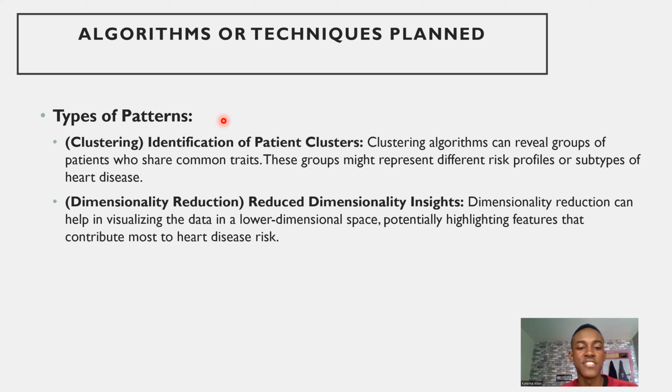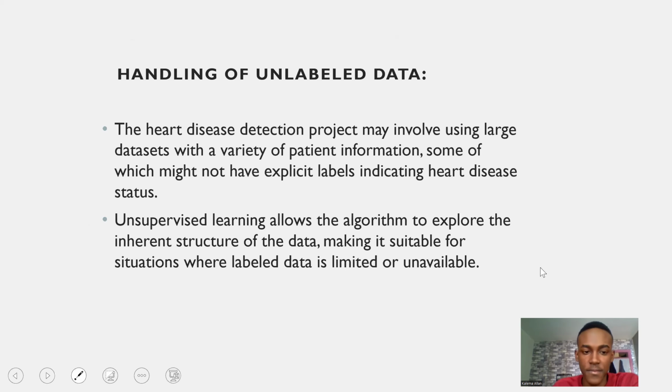Then we have dimensionality reduction. This is another form of unsupervised learning. So in this, the type of pattern is reduced dimensionality insights. Dimensionality reduction can help in visualizing the data in a low-dimensional space, potentially highlighting features that contribute most to heart risk. Then, handling unlabeled data.